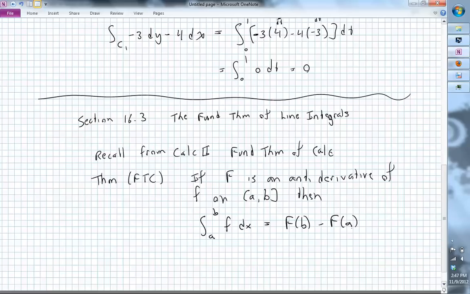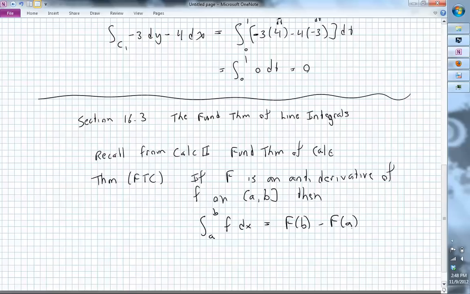That second part is really easy, but that first part is what you did all of Calc 2 on, right? U substitution, trig substitution, partial fractions, the list goes on and on. You memorized antiderivatives of trig functions, of polynomials, of exponential functions. I mean, that's what you did. You spent the whole semester in search of capital F, right? And this important theorem is really a vehicle that we use to compute integrals.